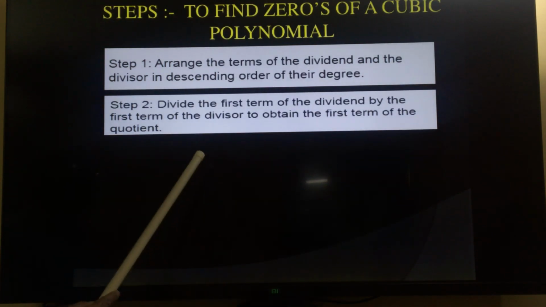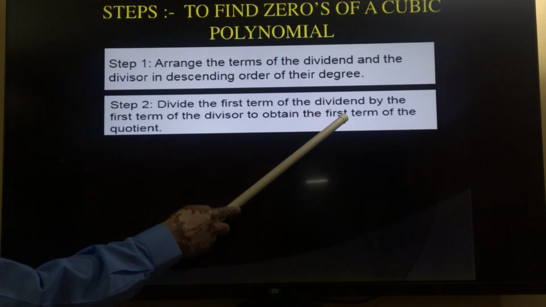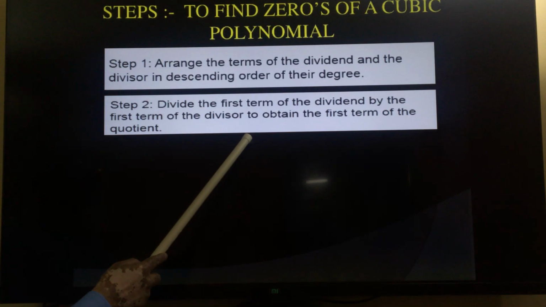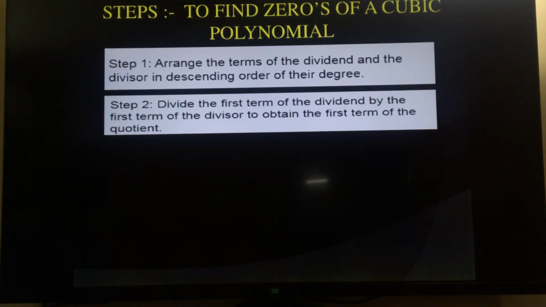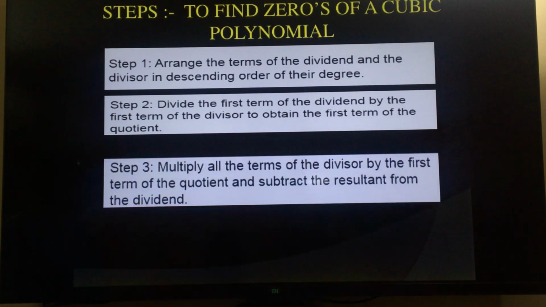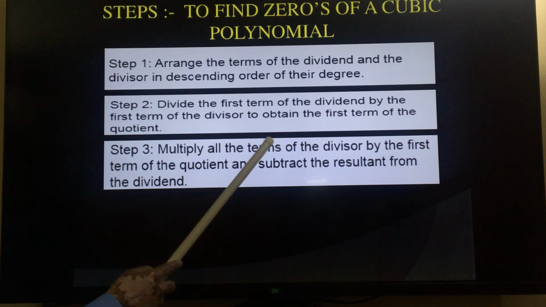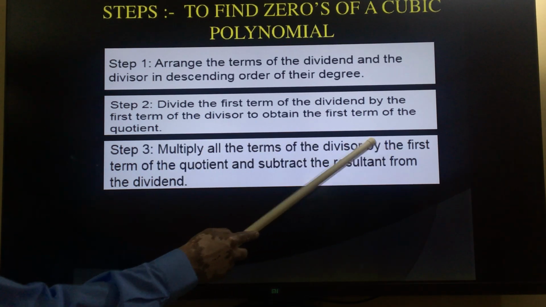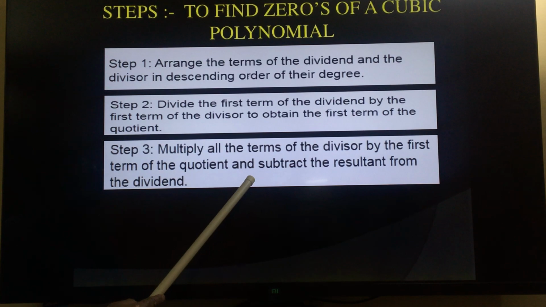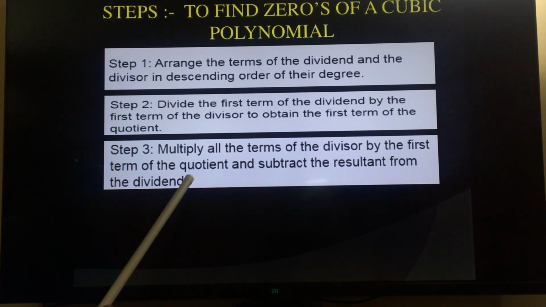Second step is divide the first term of the dividend by the first term of the divisor to obtain the first term of the quotient. Third step is multiply all the terms of the divisor by the first term of the quotient and then subtract the resultant from the dividend.